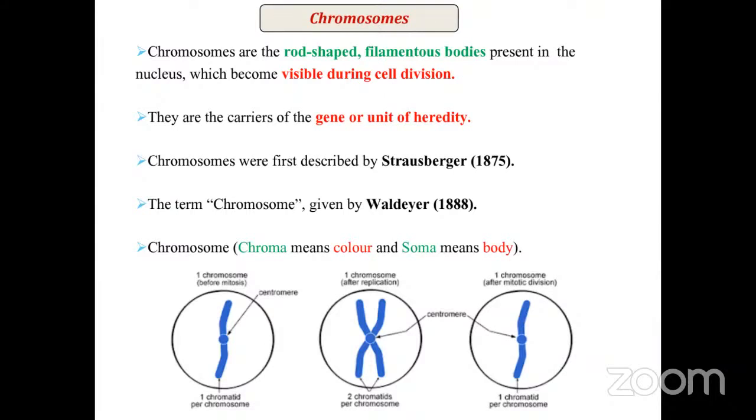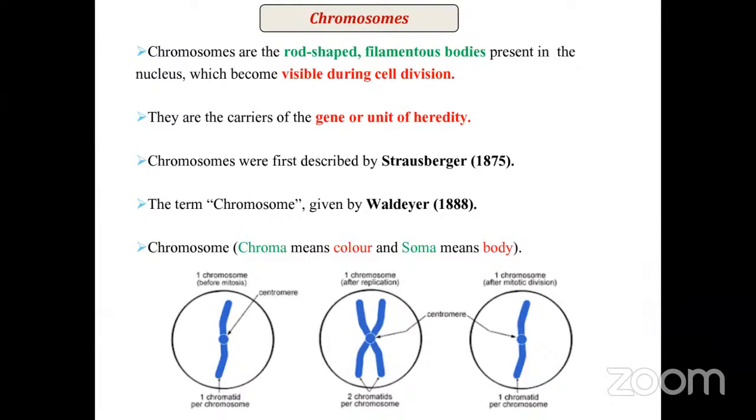That is because of DNA synthesis, because of DNA replication. So the two chromatids move towards the opposite poles, and after telophase, cytokinesis happens. One cell carries one chromatid, and the other cell carries the other chromatid, and we call that chromatid a chromosome at that time.